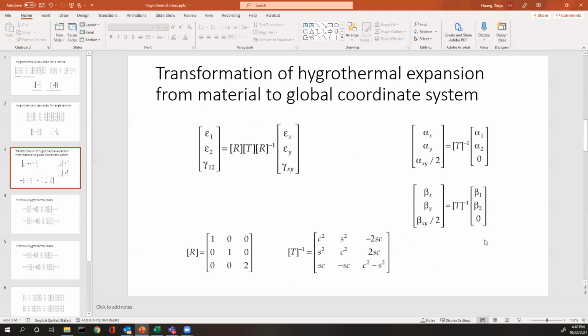With this, you can transform from 1, 2 to xy coordinates using this matrix. Notice this matrix is equal to this. This is a utility matrix that you use as you transform stress. It's the same matrix. You can go from any direction you want, from xy to 1, 2, or 1, 2 to xy. Same set of matrices you used.